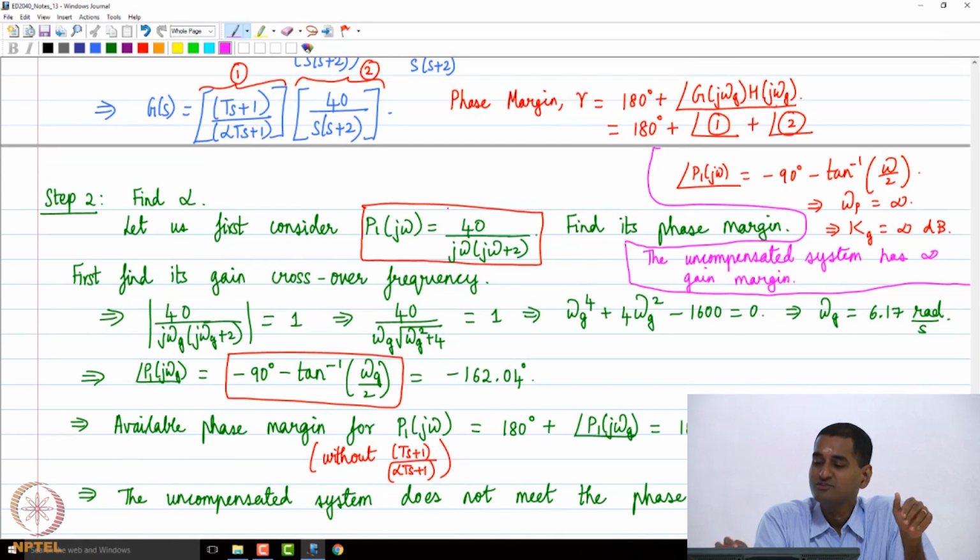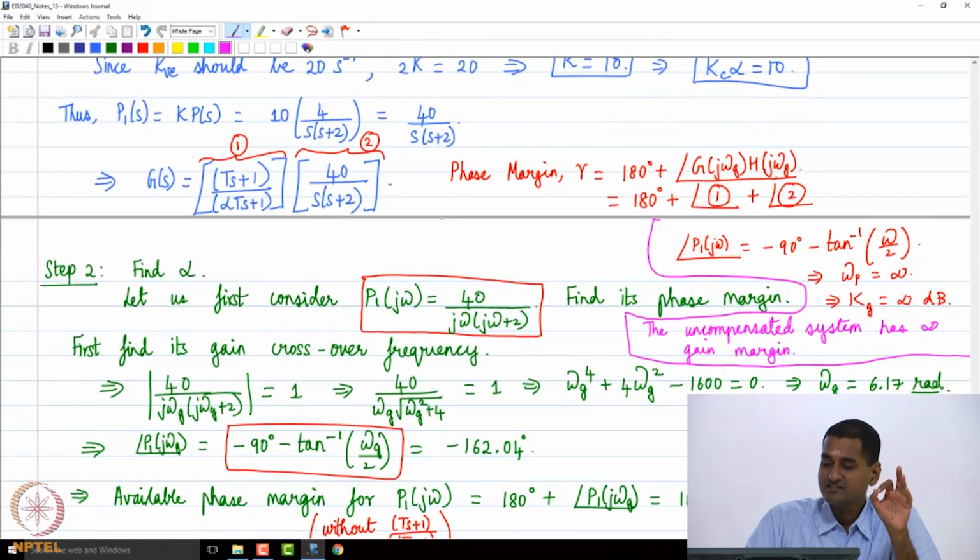So what should be added so that phase margin is at least 50? 50 minus 18, that is 32. Around 32 degrees is what should be the phase contribution of the factor Ts plus 1 divided by alpha Ts plus 1. But there is a catch here.